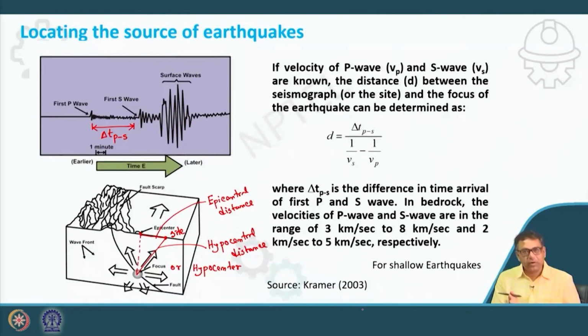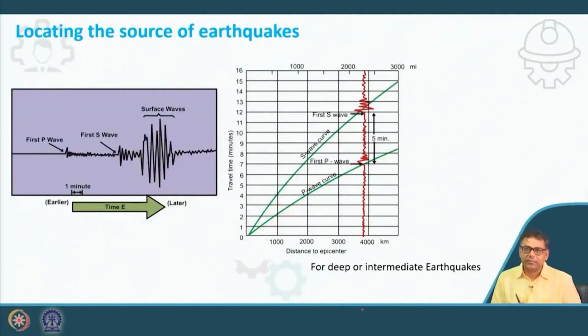So that is true for here, and that is true for here. For a second location, you may get the starting point of P and the starting point of S, and this will be the distance of the second location from the epicenter. Similarly you can get the third one also. So you will get D1, D2, D3.